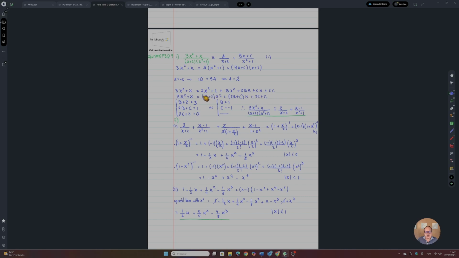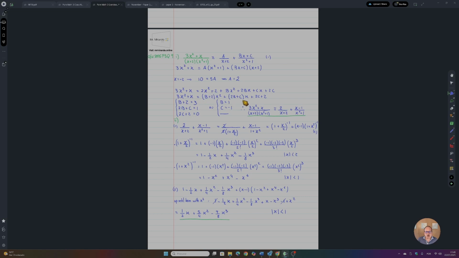And now you need to compare what you have on the left-hand side with what you have on the right-hand side. On the left-hand side, the term with x squared has coefficient 3. So you have to equate the coefficient on the right-hand side, which is b plus 2, to the value that it actually should have, which is 3.